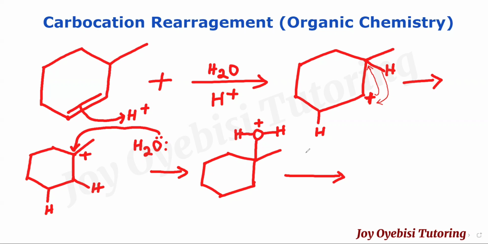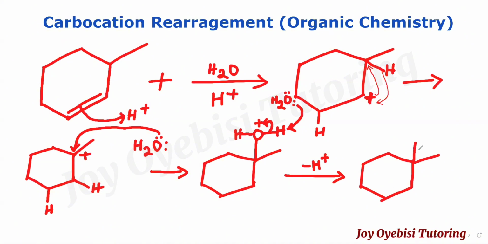You could use another molecule of water to take that out. That is going to pick up this hydrogen, and this bond will break. You can just show that the hydrogen was deprotonated. So your final product of this reaction is going to be that.